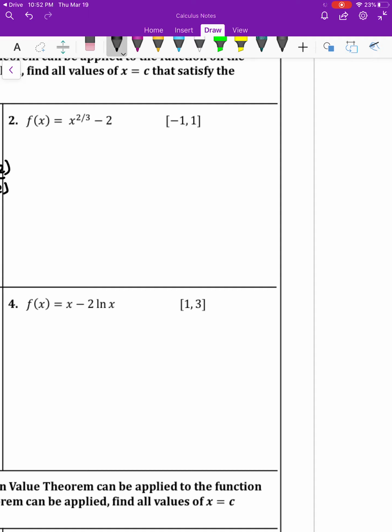There might be a problem with number 2. Let's take the derivative. I'd bring the 2/3 down times x to the 2/3 minus 3/3, negative 1/3. So when I look at this, your derivative is undefined at x equals 0.